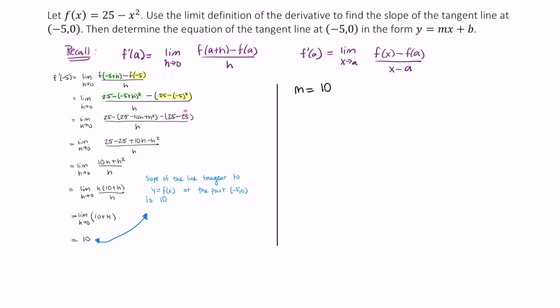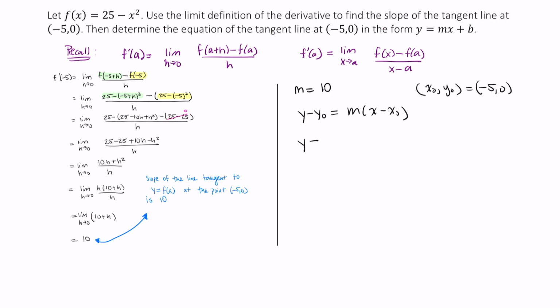So I'm going to use the point slope form of a linear equation. That's y minus y naught equals m times x minus x naught, where my point, in this case x naught comma y naught, I'm going to say that's negative 5 comma 0, since I know the line tangent to this curve with this slope is passing through that point.